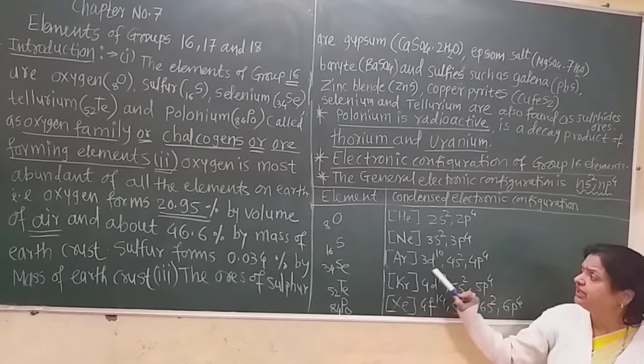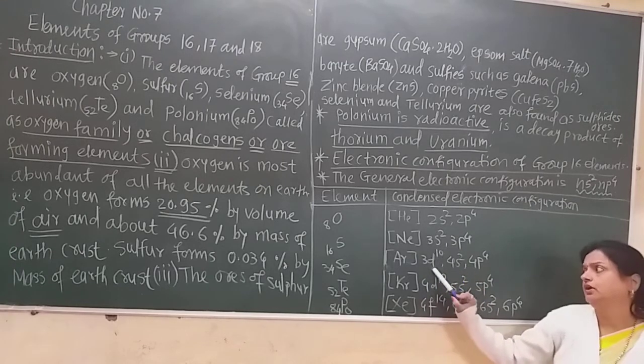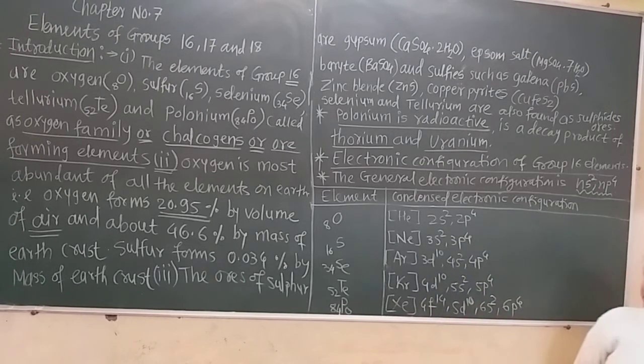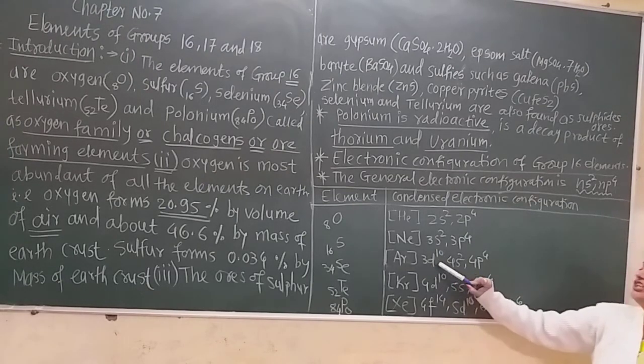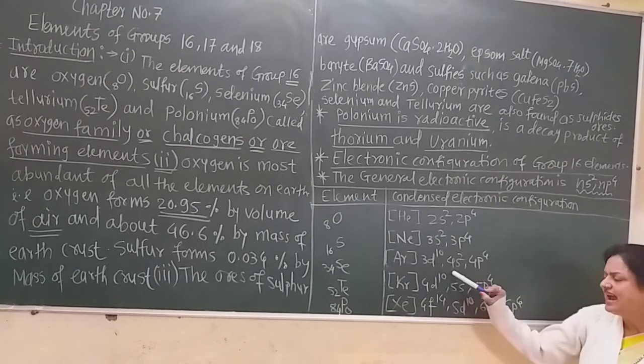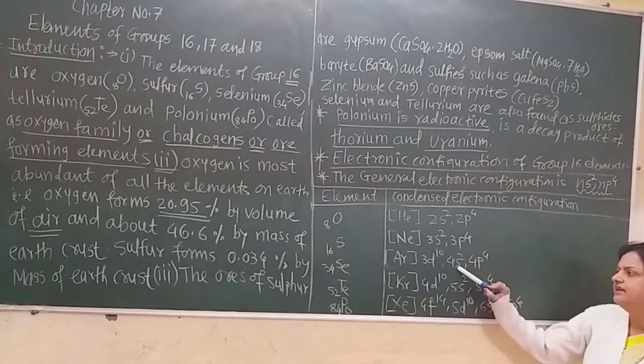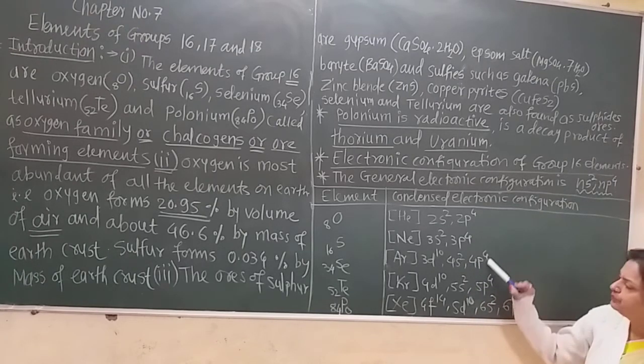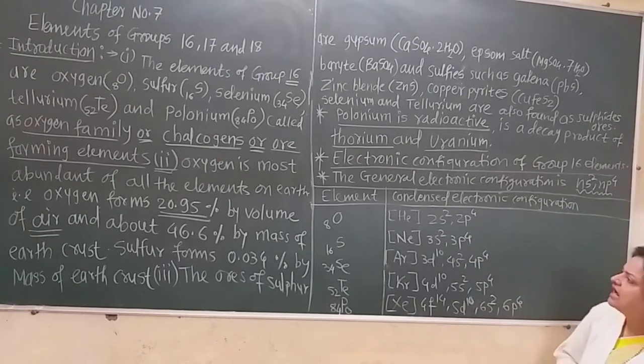Now here the d orbital appears. From the third main shell the d orbital started, and 18 plus 10 is 28 electrons up to this, and these 6 electrons make 28, 30, and this is 34.